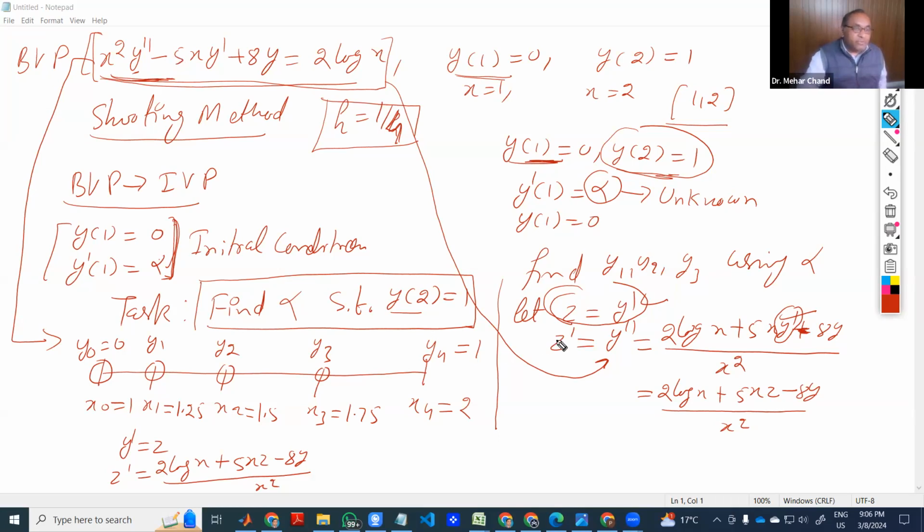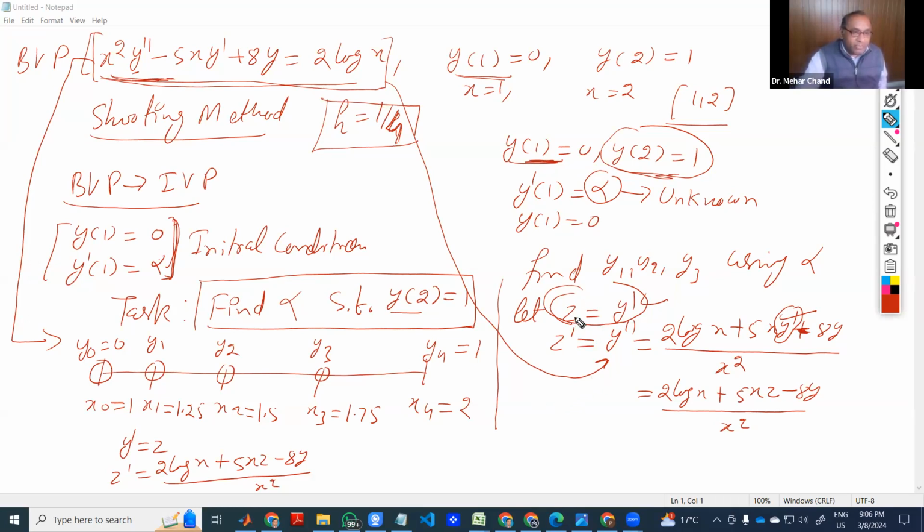Okay, if you choose y dash is equal to z, or some other variable, this will help you to convert this single equation into a system of equations. Ultimately, we will have two equations.